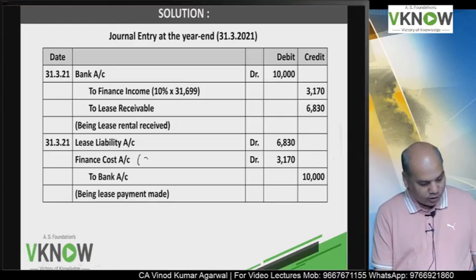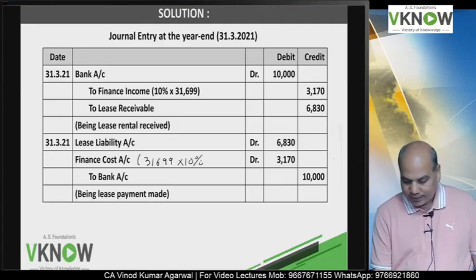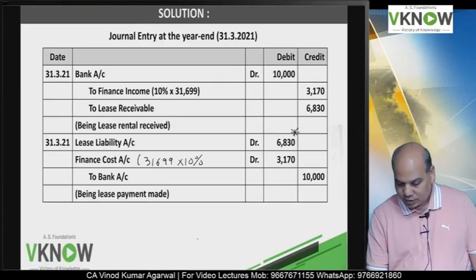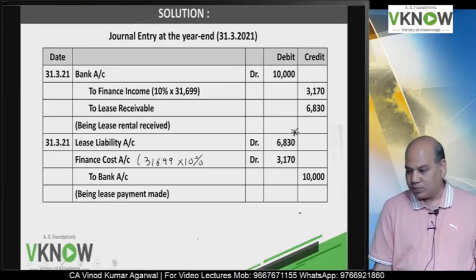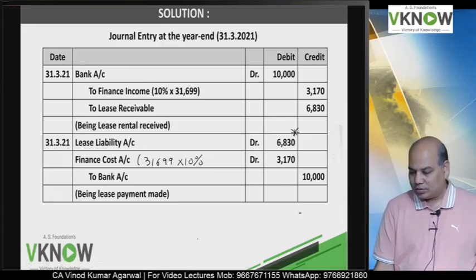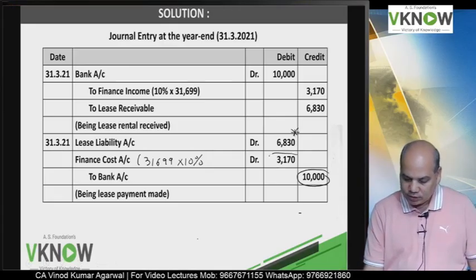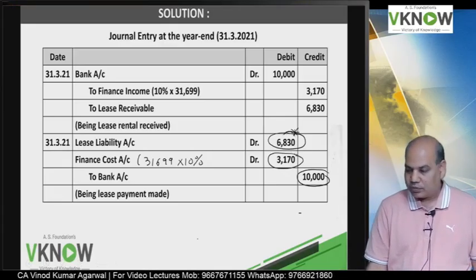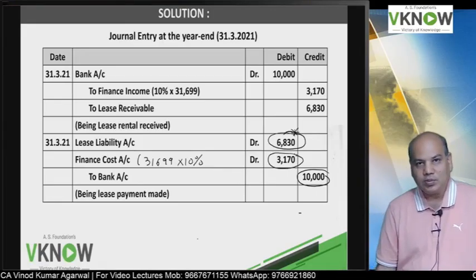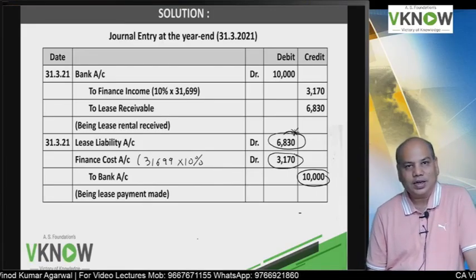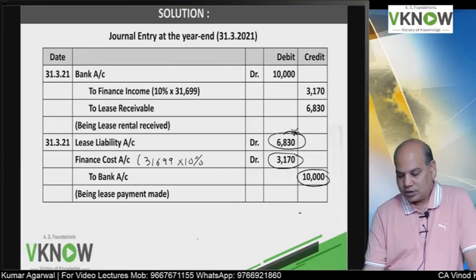You have an opening balance of 31699 into 10%, and the lease liability you can put as a balancing figure. Out of 10,000, 3170 is finance cost, so the reduction in the lease liability would be 6830.